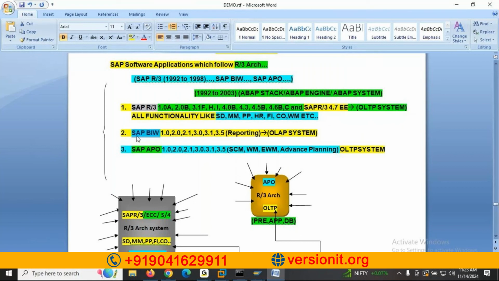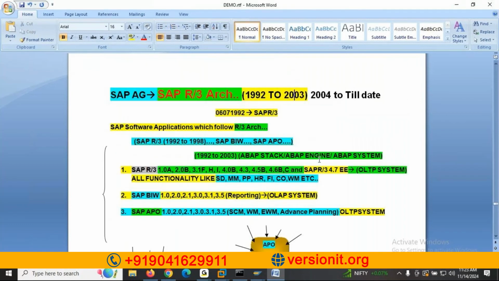One is for reporting, one is for supply chain. So between 1992 to 2003, SAP has three softwares with different releases. You're seeing plenty of releases here. Yes or no? So this is it.